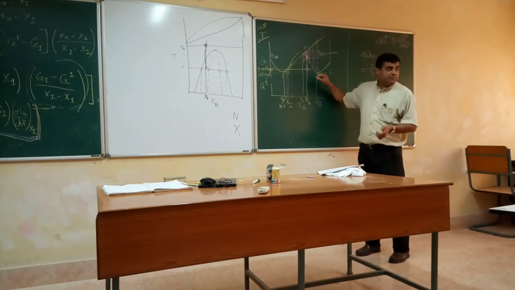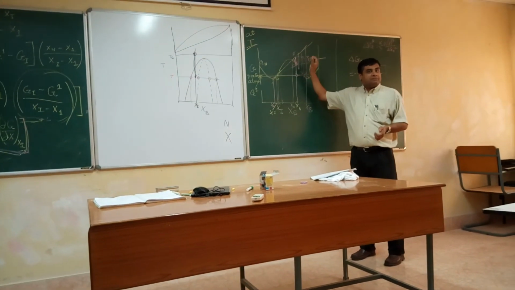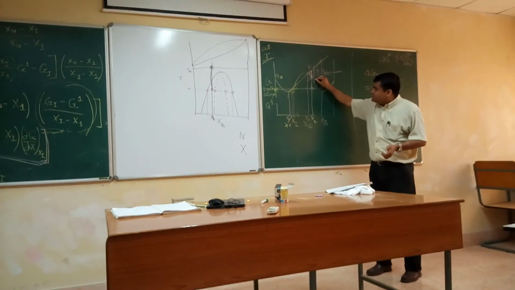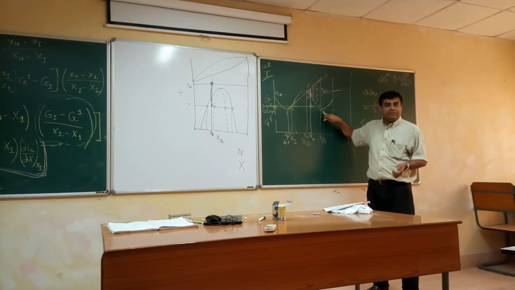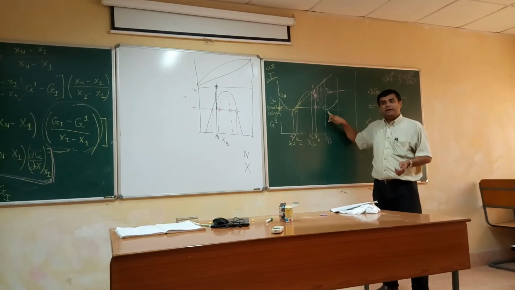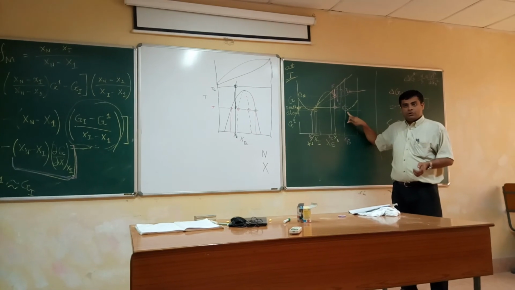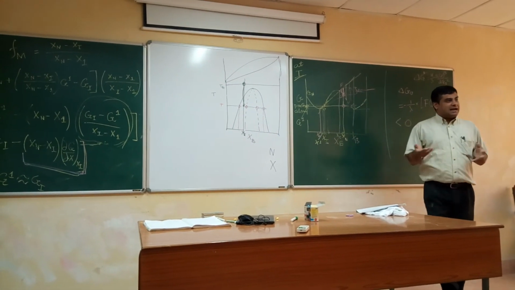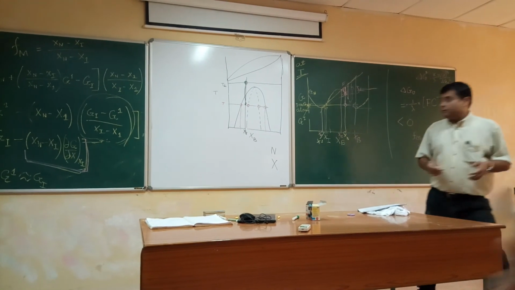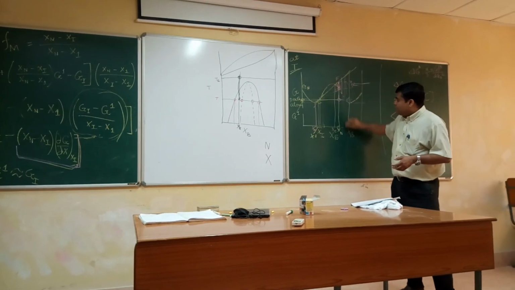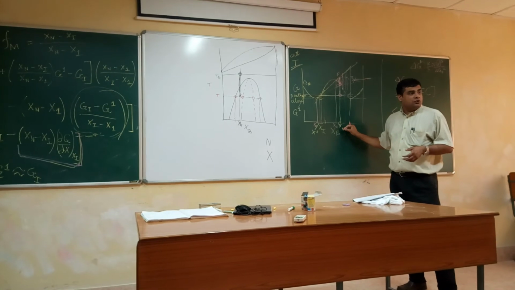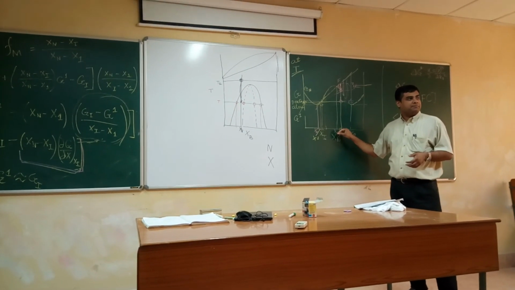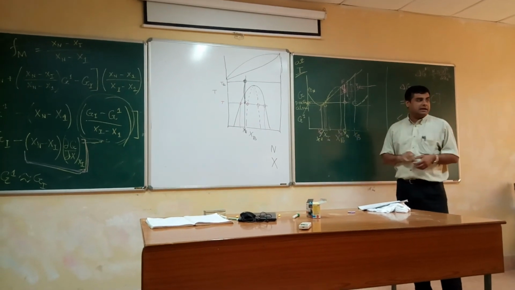So it may be the case that for a certain composition, somewhere here, not the equilibrium composition, your gamma is very low, so that ultimately delta G star and R star are lowest for a composition not equal to X beta, but some other place between XC and X beta.